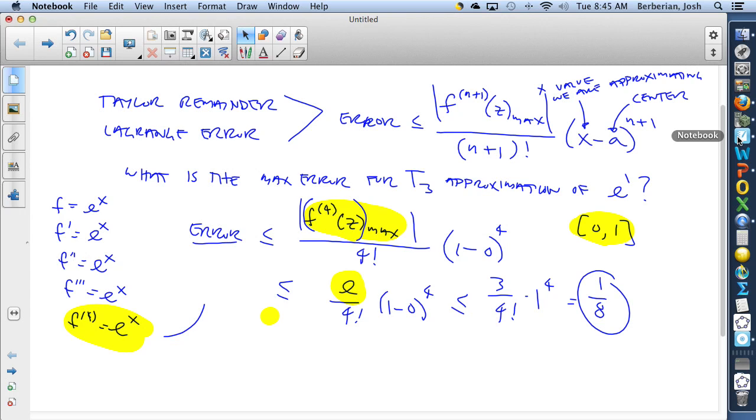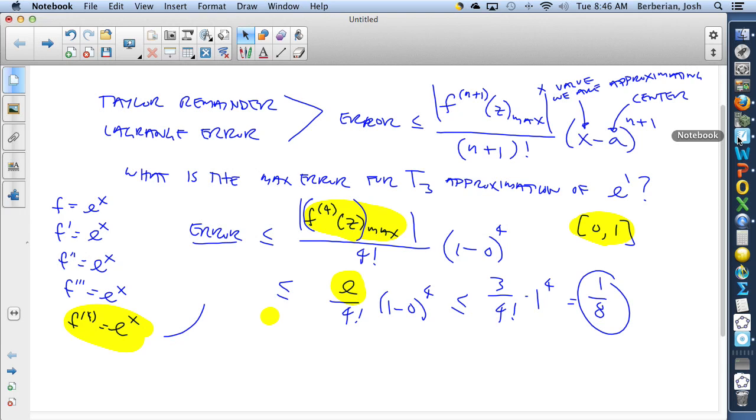I think you can totally get it. It's just that the notation's a little confusing. You have to think about it a little bit. The biggest value it's going to take is e, but we just say e is close to 3, but not more than 3. So this is sort of like a bonus lesson.